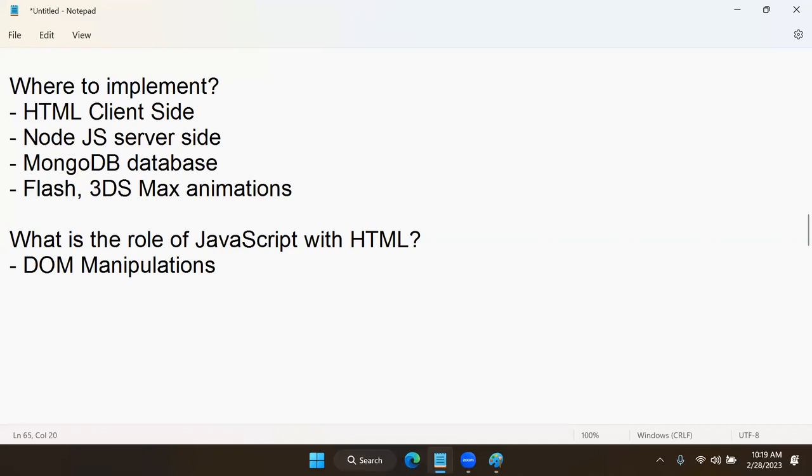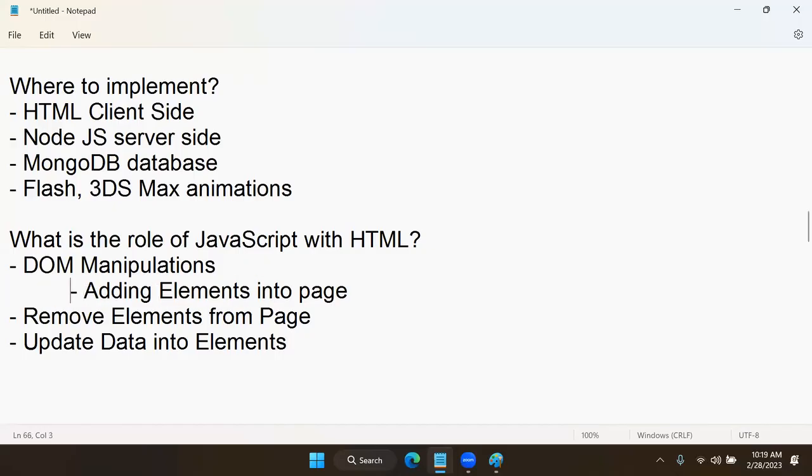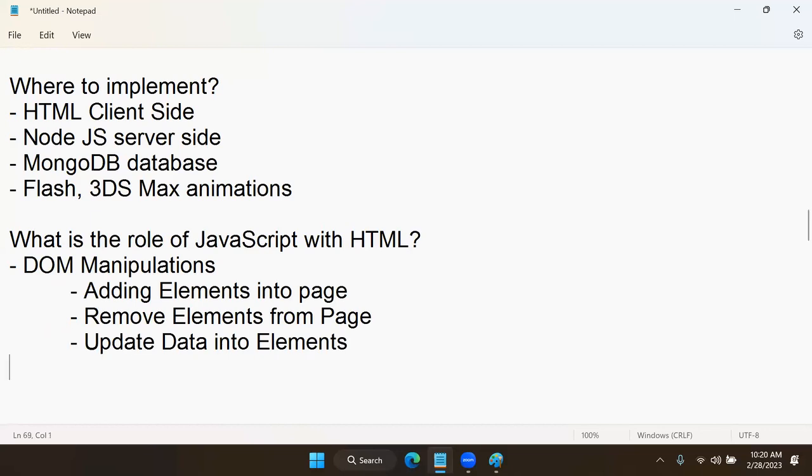What does DOM manipulation mean? Adding elements into the page, removing elements from the page, updating data in elements, all this comes under DOM manipulation, right?